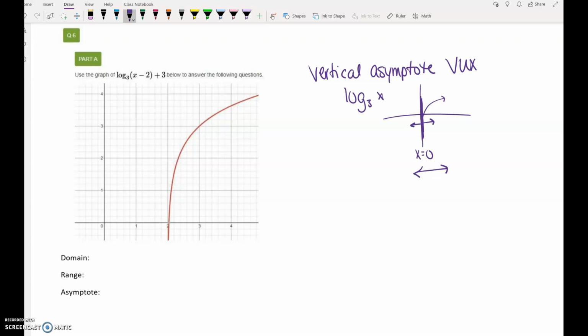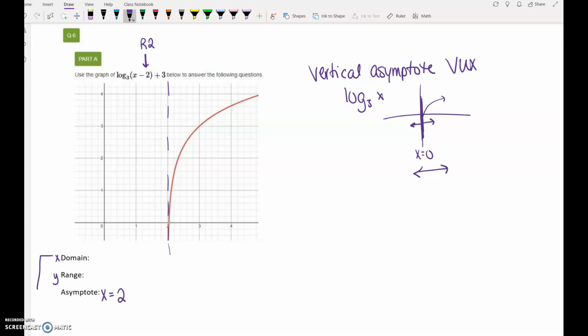So when we look at this one, the -2 means that this graph has shifted right 2. So when you look at the graph, you can see here is that vertical asymptote at x equals 2. This is a drop-down menu, so you'll need to select x equals 2. The domain is x values, the range is y values.